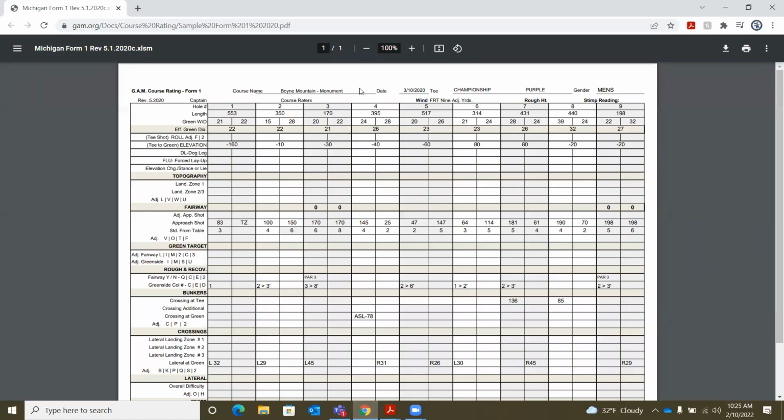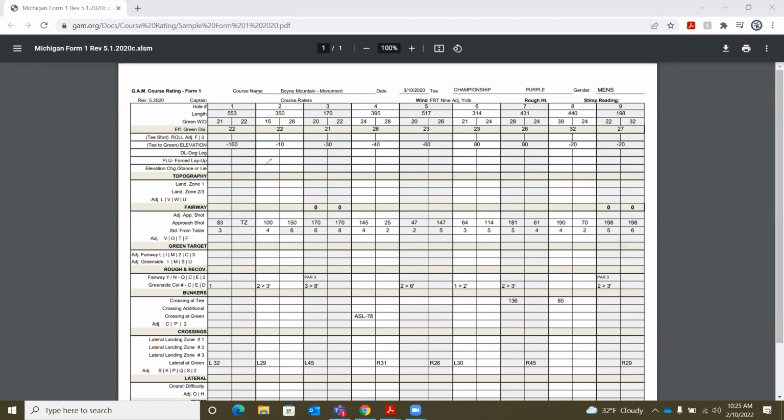So when we get to our Form 1 here, we have a section for topography where we're going to put our information. Let's say we're doing the second hole here. It's a par 4. So we're going to have an evaluation in our landing zone of the stance and lie as well as the elevation.